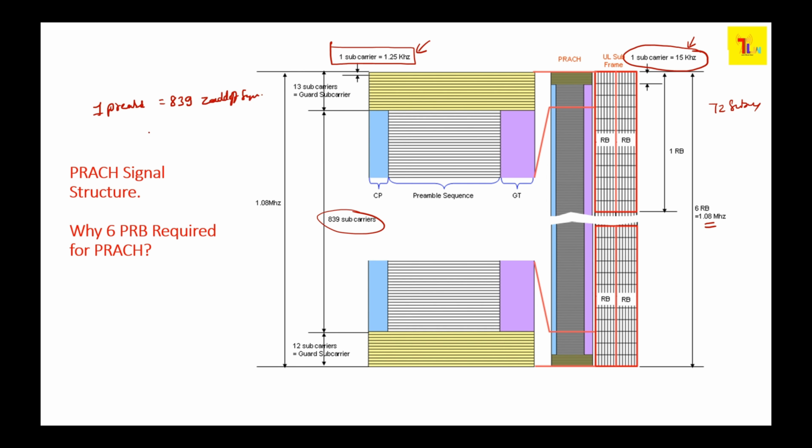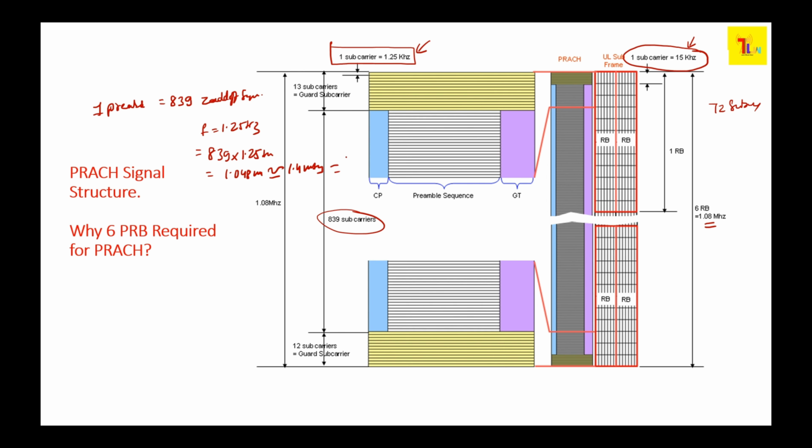So what exactly is the subcarrier spacing, or we can call it the frequency? 1.25 kilohertz. So if we calculate the total occupied frequency, it will be 839 into 1.25 kilohertz, which is nearly about 1.048 megahertz, and which is near the standard 1.4 megahertz.